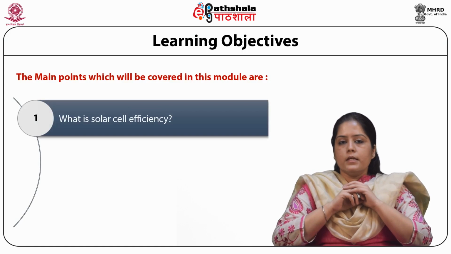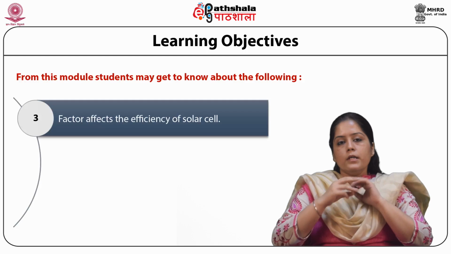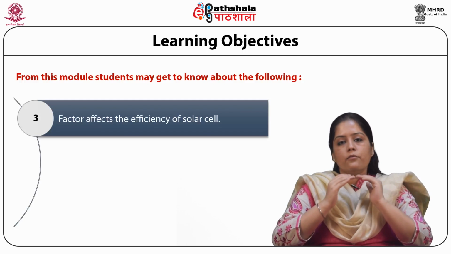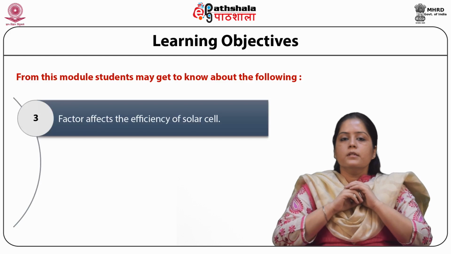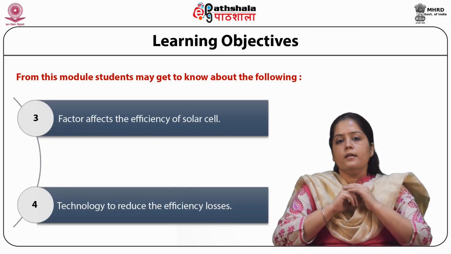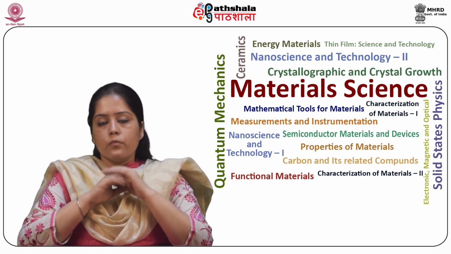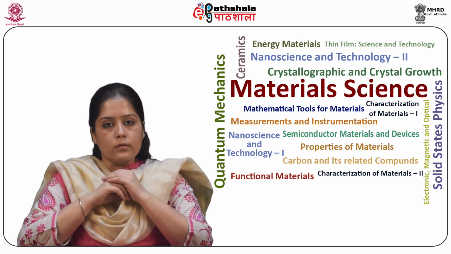Second, the efficiency losses. Thirdly, we will be discussing the factors affecting the efficiency of a solar cell. Fourth, the technology to reduce the efficiency losses. So students, let us start with a brief introduction about the module.